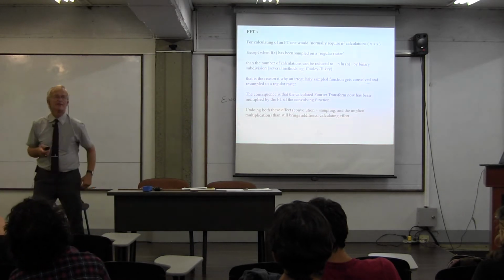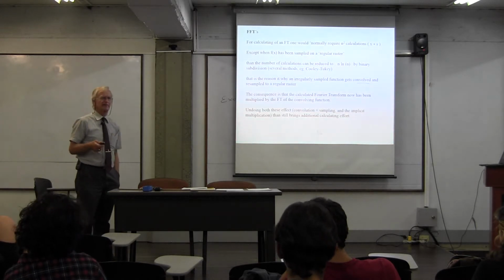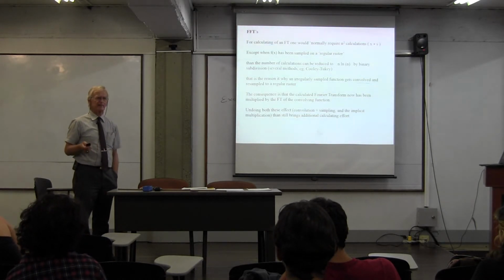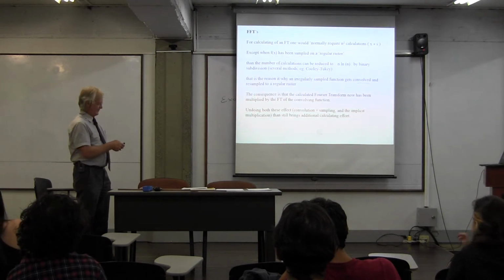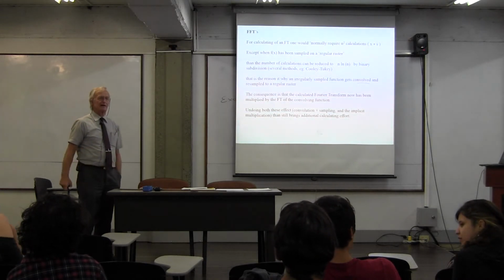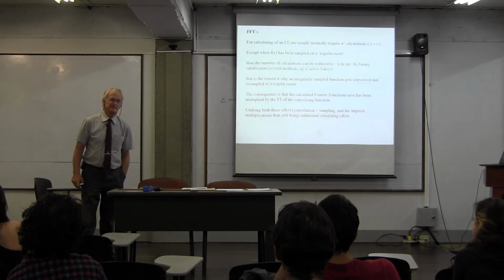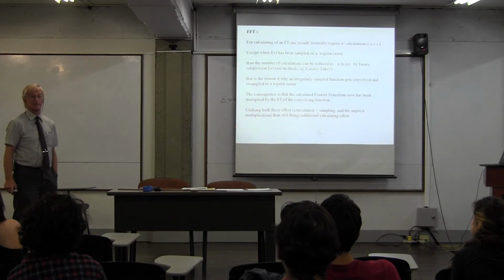There's a trick which makes that easier. The trick is not particularly relevant because that's nice number theory and math. It was devised, I think, for the first time by Cooley and Tukey about 55, 60 years ago. And it sits now in all computers at all times.